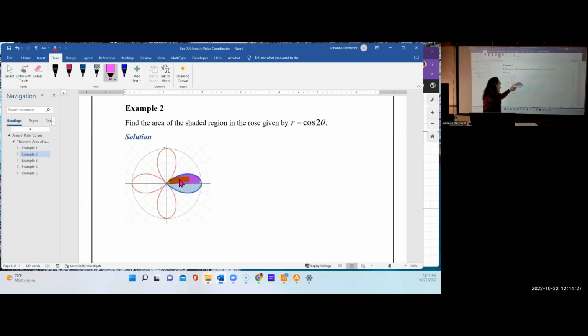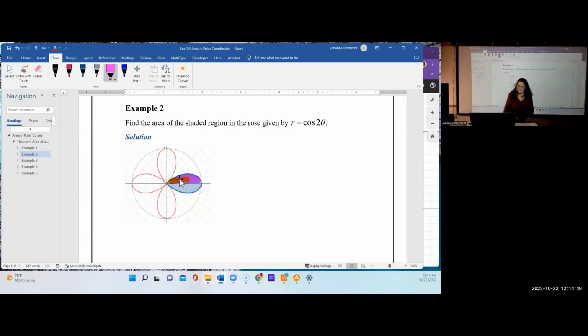All right. So I want to find out if this does indeed give me this point right here. So I'm going to check it by substituting 0 into the equation. And I want to see if it gives me the radius value that would put it out here. Now, the length of each petal is 1. You can see that from the graph. So I'm hoping this comes out to be the value of 1.